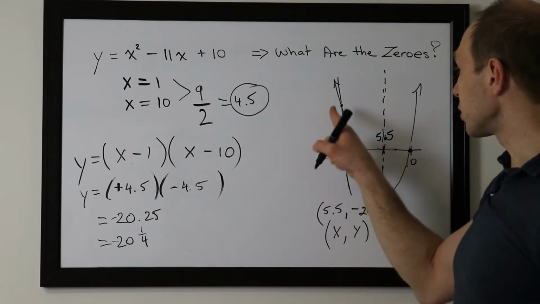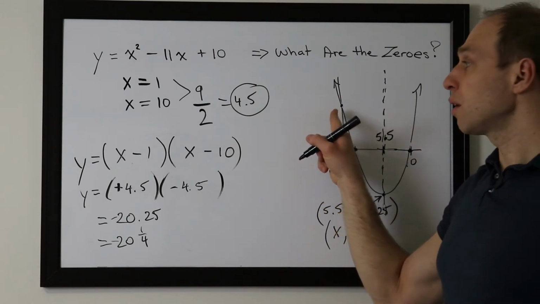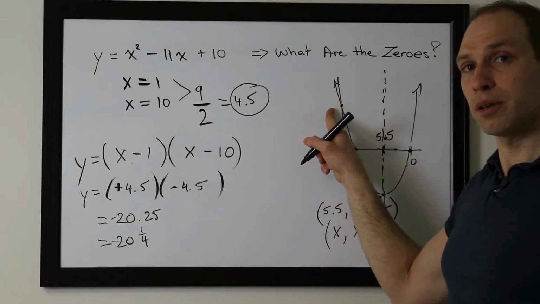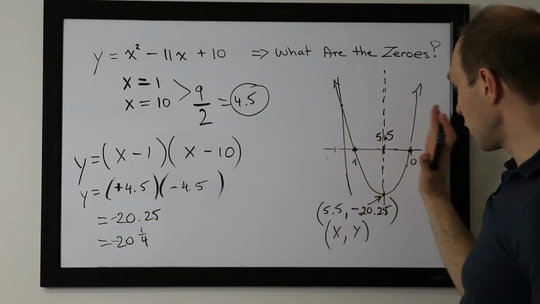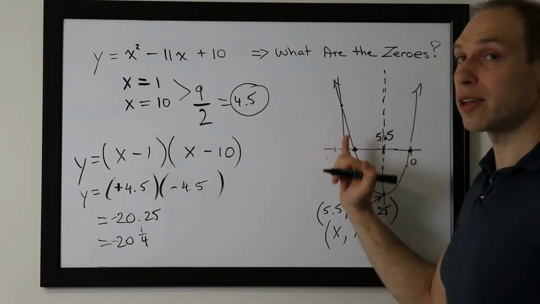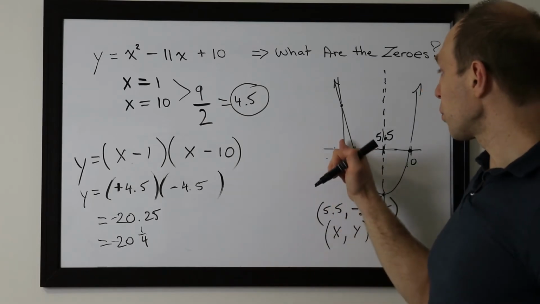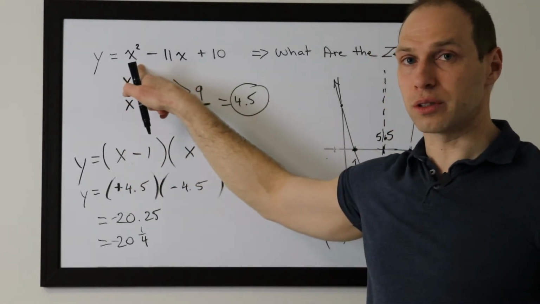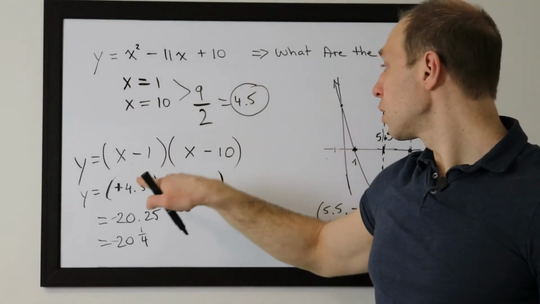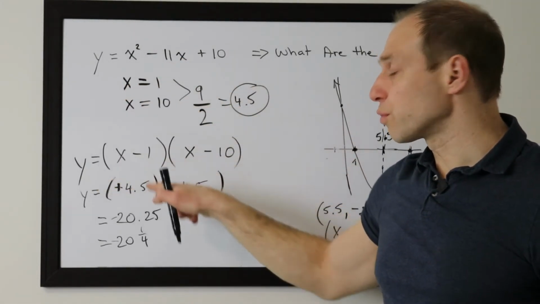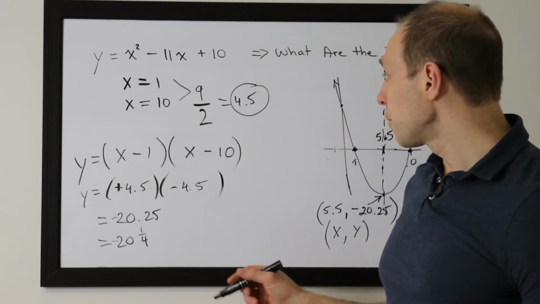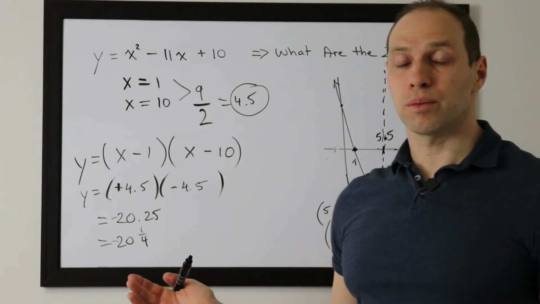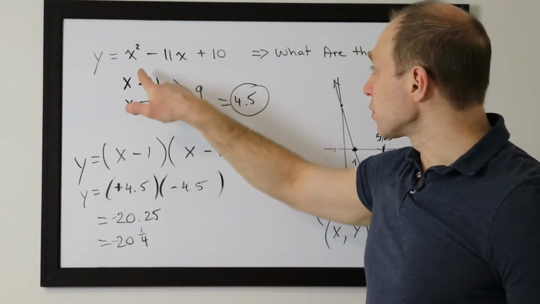Okay, lastly, we still have to find our y-intercept. In order to find the y-intercept, we have to keep in mind that our x value is 0. All we have to do now is we can either do it with our original equation, which is easier, or we can use our factored form. We'll still get the same answer. And in this case, why don't we do it in both cases?